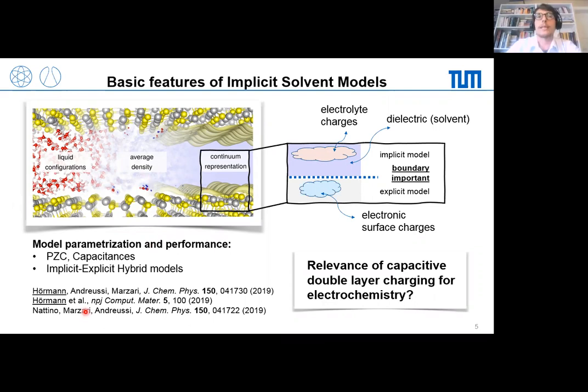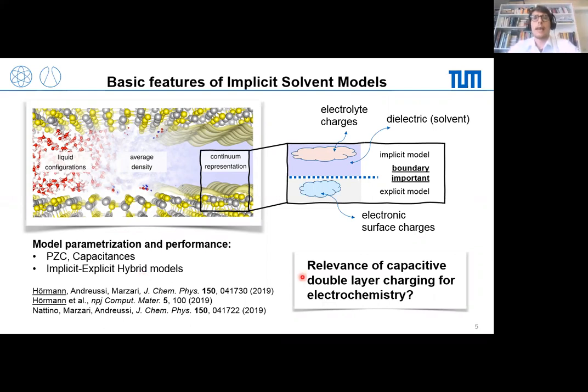And what we saw is that, in essence, you need a small number of water molecules at the surface treated explicitly to get very accurate results in the computations. I will talk about this in more detail at a later stage in this talk.